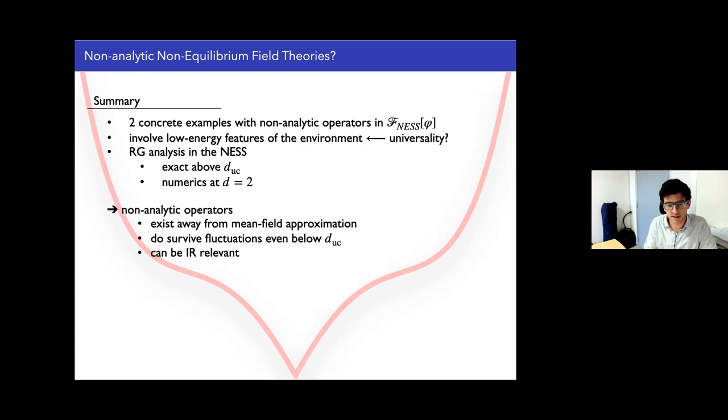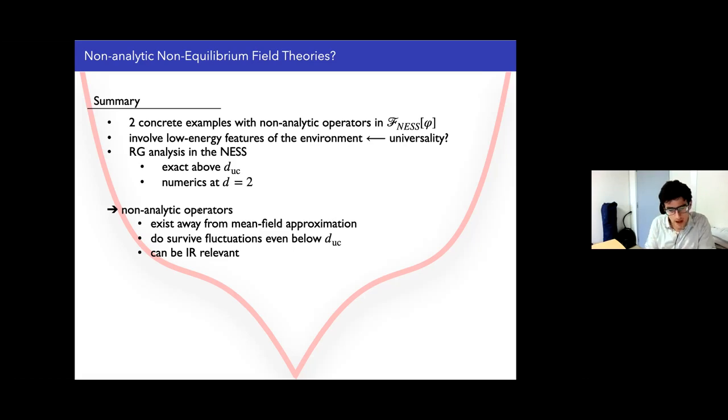To summarize my work and what I presented to you, I have given you 2 concrete examples with non-analytic operators that appear in the effective free energy. Typically, these non-analytic operators are intrinsically of non-equilibrium nature. They come from the non-equilibrium environment, and can be traced back to low energy features of the environment.